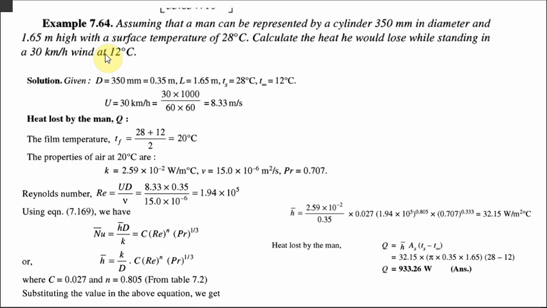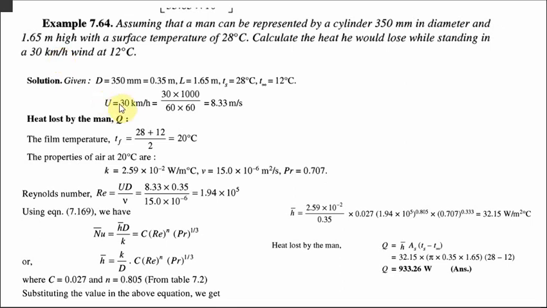So all the data are given. We are assuming that a man is a cylinder, its diameter and height are there, then the surface temperature Ts, and the free stream temperature T infinity are given, and velocity is 30 km per hour.